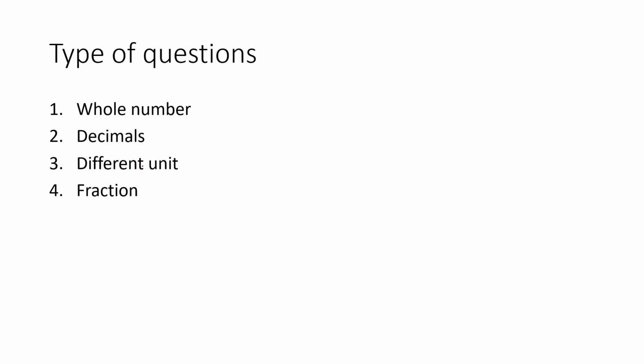I will give you some problems, some homework. Don't worry about this. Other simplification of ratio will involve decimals, different units, not kg and milliliter, but perhaps cm and kilometer, gram and kg. Then lastly, there is fraction. Fraction will spill a bit into the next lesson.